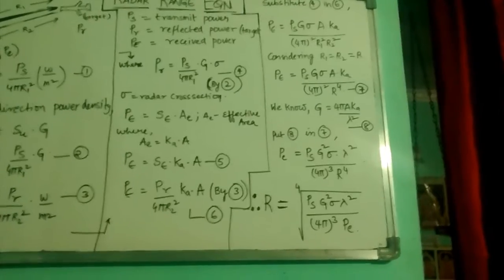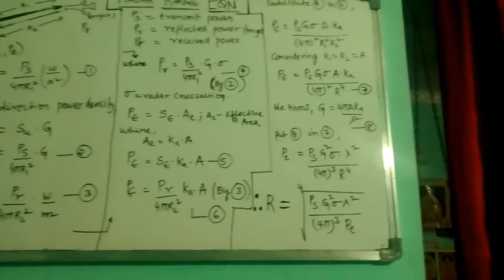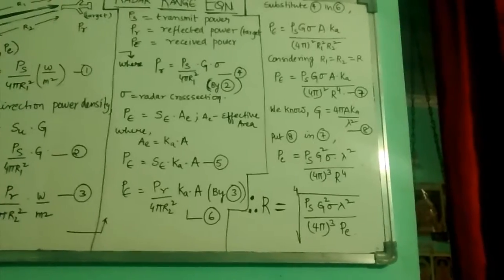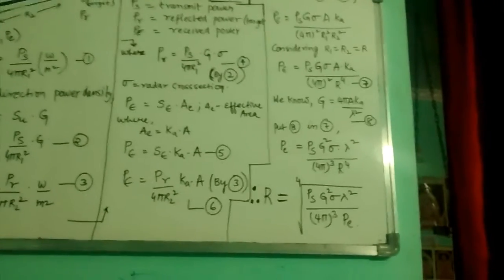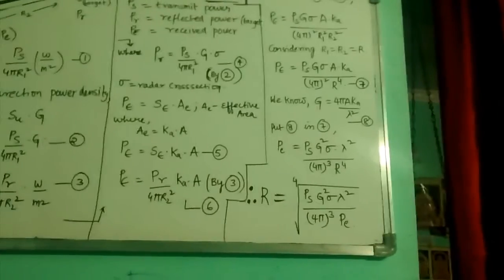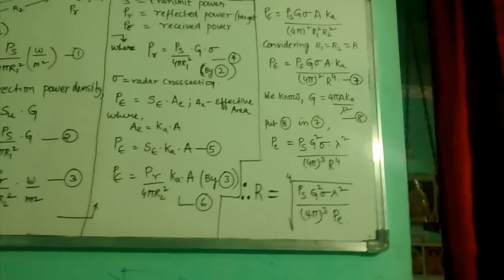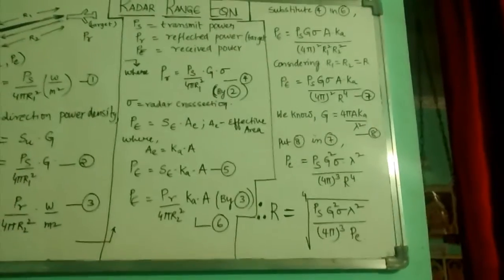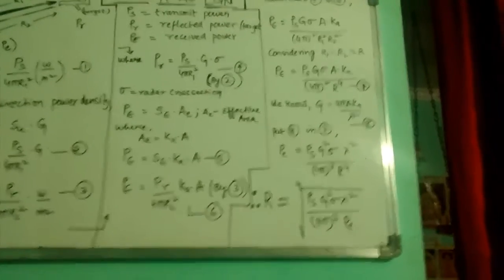Now substitute 8 in 7, and we get PE equal to PS G square sigma lambda square by 4 pi whole cube R to the power 4. Now cross multiply R power 4 and PE, and we get R equal to the fourth root of PS G square sigma lambda square by 4 pi whole cube PE. This is the range equation for a radar.